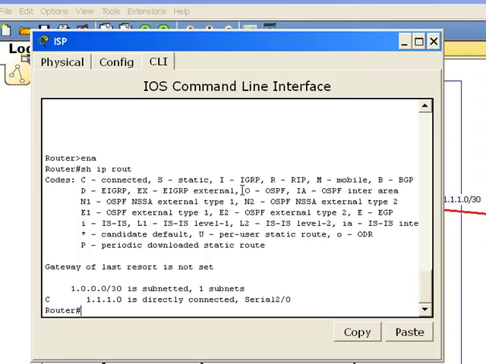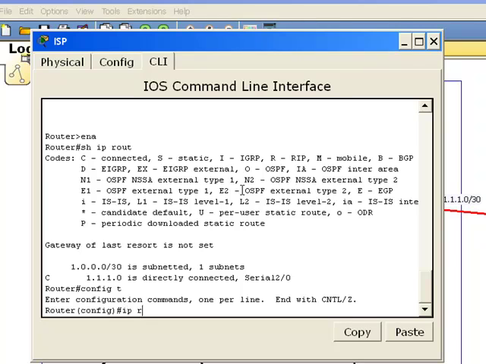So what I will do is put in a static route to 192.168.1.0, 255.255.255.0, and that is serial 2/0.